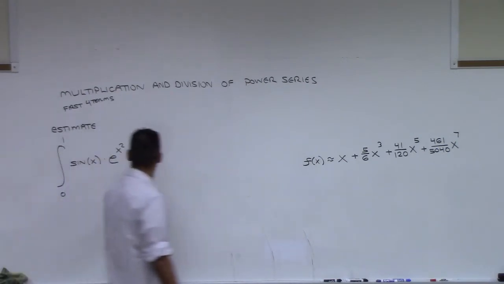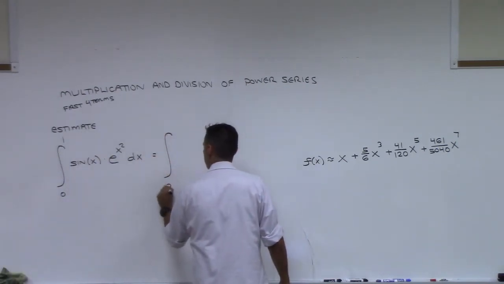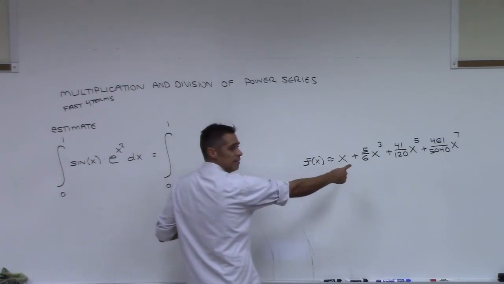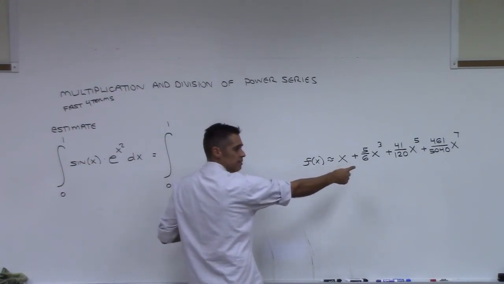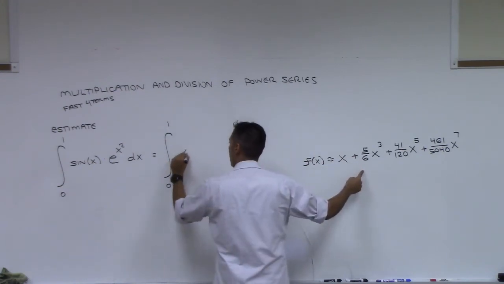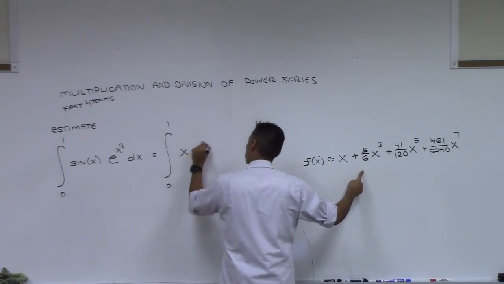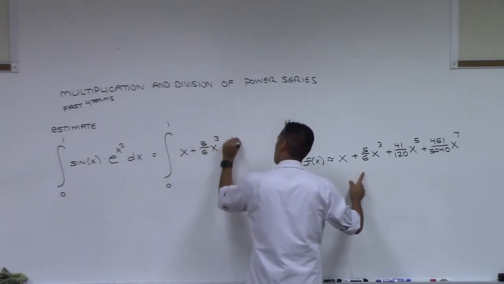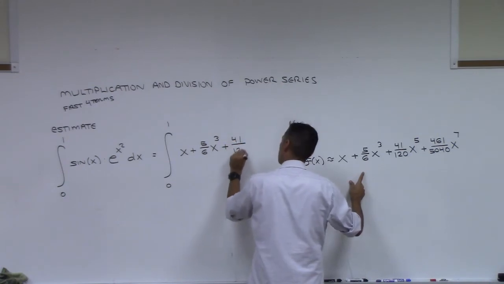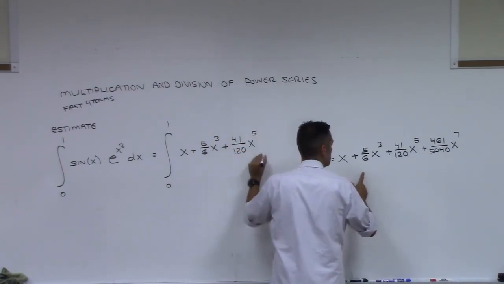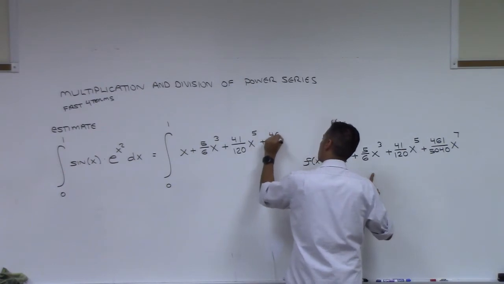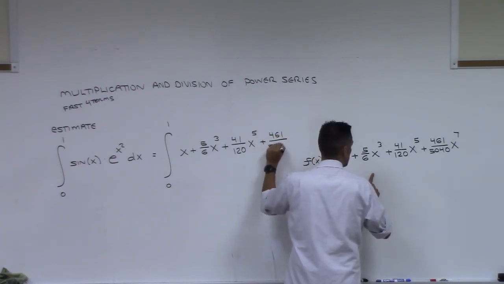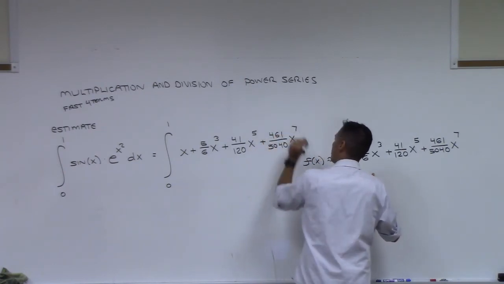So we really want to do the antiderivative of that, right? Of this, okay? So x plus 5/6 x to the third plus 41 over 120 x to the fifth plus 461 over 5040 x to the seventh.